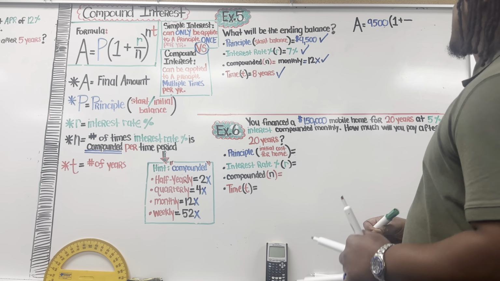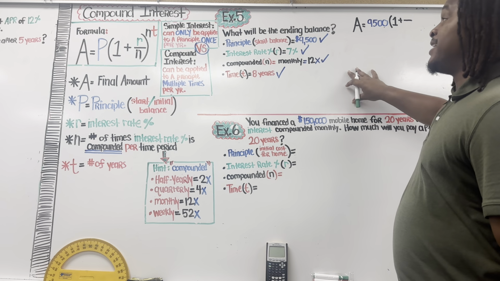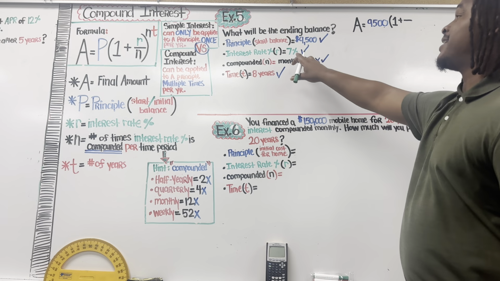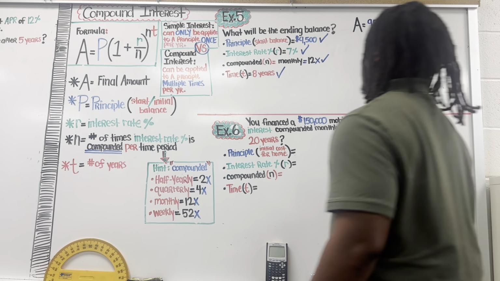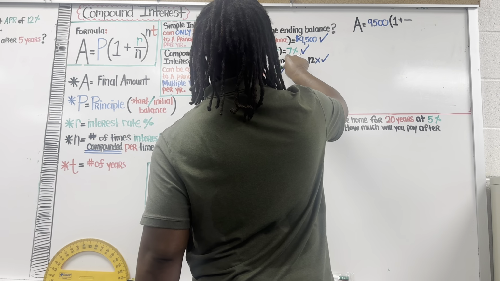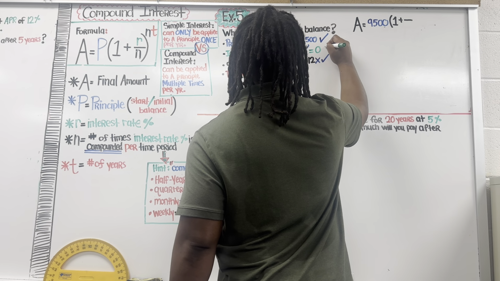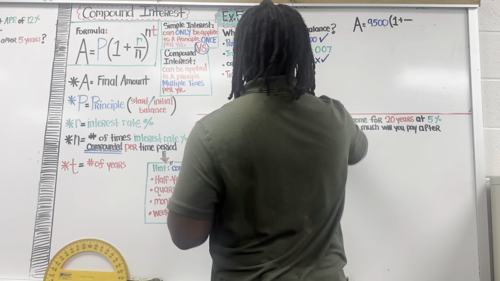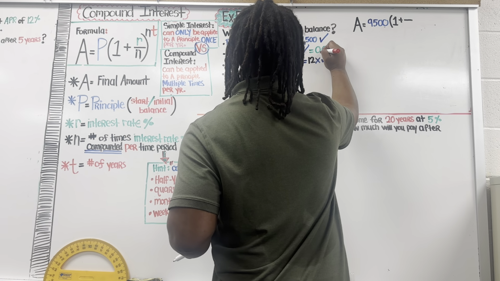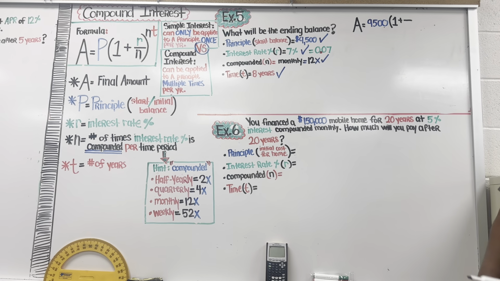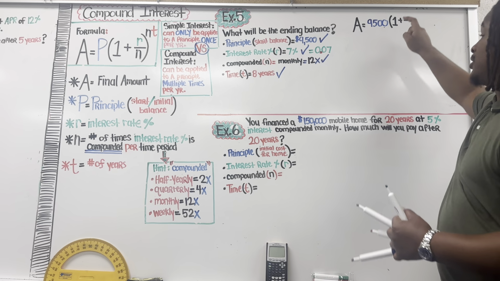Remember, in order for us to put the interest rate correctly into the formula, we have to change it from a percent to a decimal. So 7%, if you move the decimal place 2 times to the left, will equal 0.07. So that's what we're going to put into the formula.